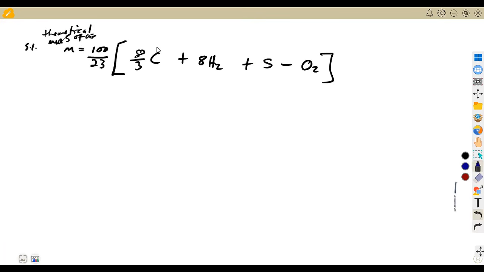Like I said, this whole expression represents the mass of oxygen. So let us substitute our values.